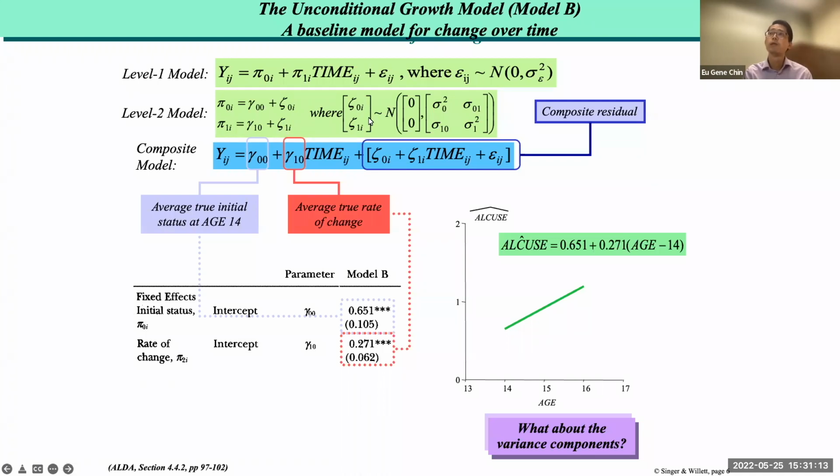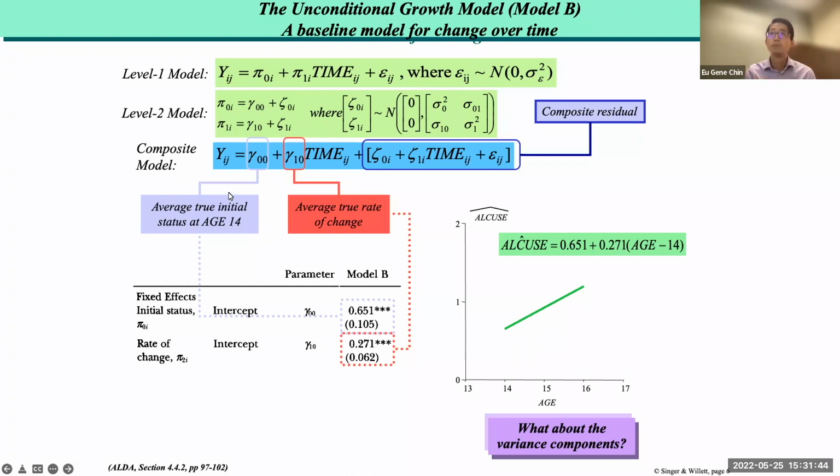And we assume that each of these residual components are both normally distributed, and they both have a mean of 0. They have specific variance estimates for the initial status and for slope, and there is some type of covariation between these two variances.